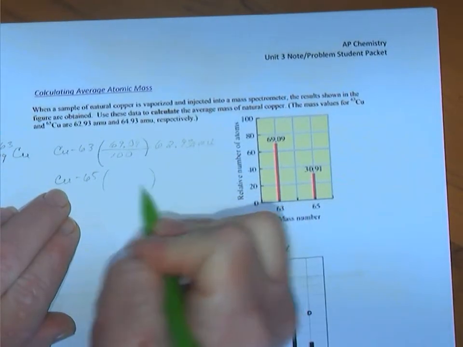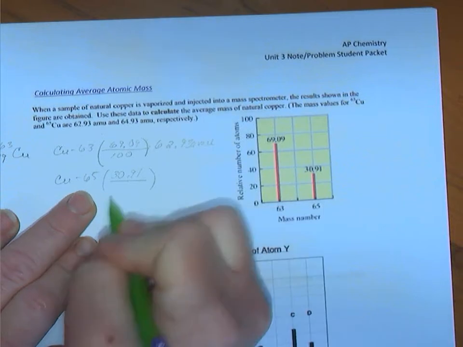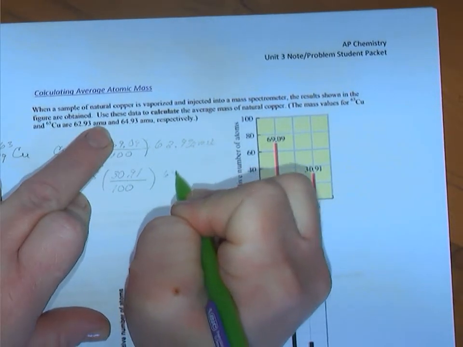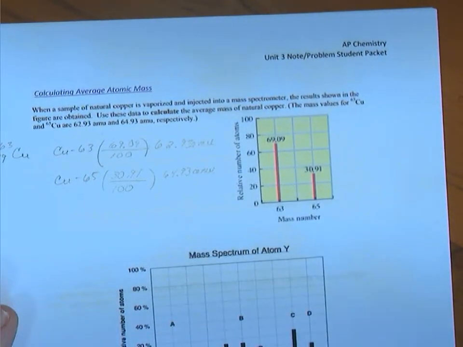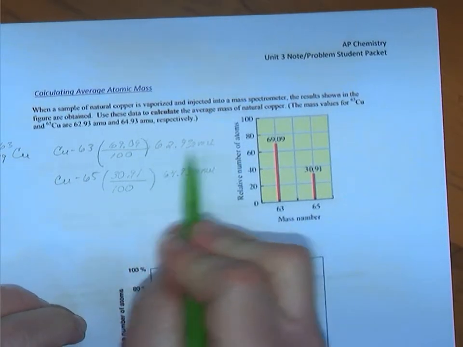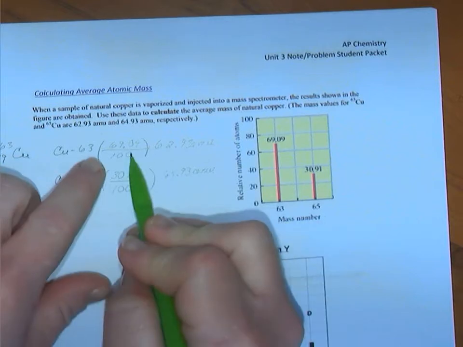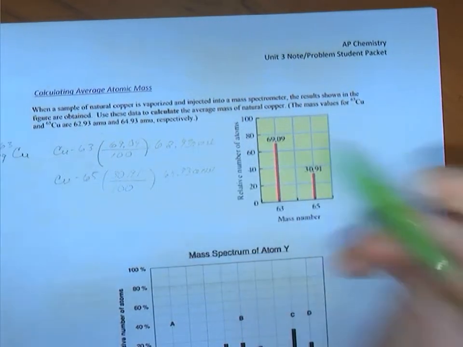And then this one is 30.91 atoms per 100, and this is 64.93. Okay, so a weighted average. We are going to multiply the individual mass assignments by their percent abundance, or ratio out of 100 in this case.